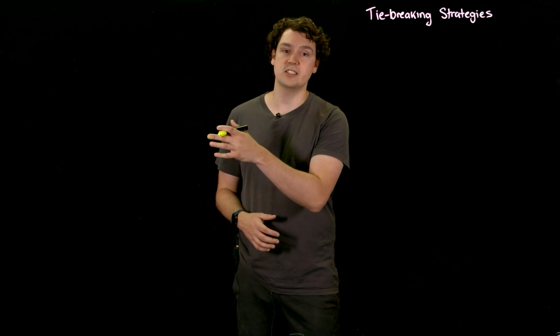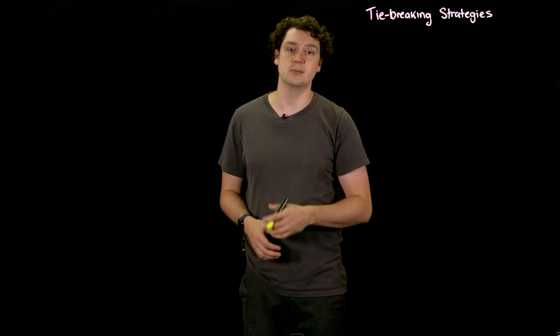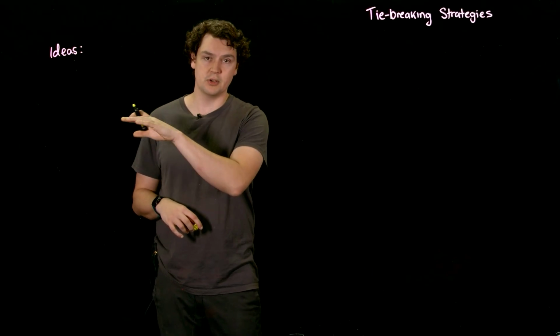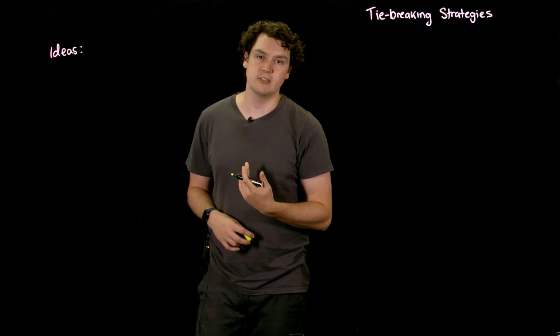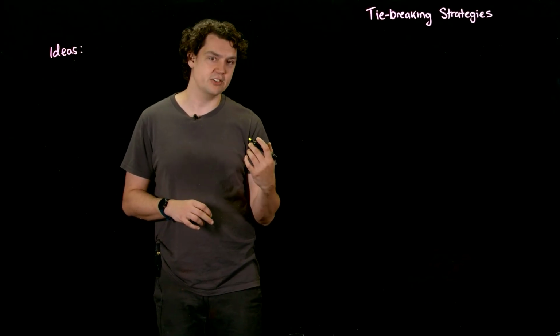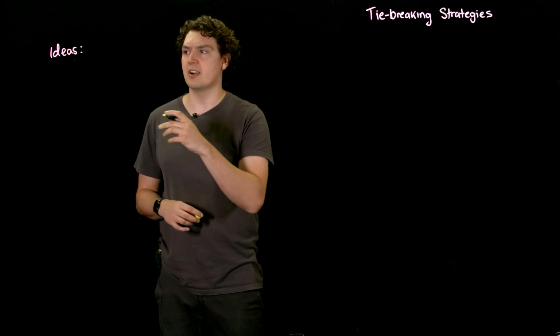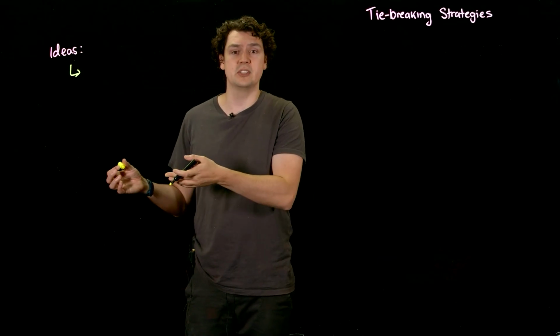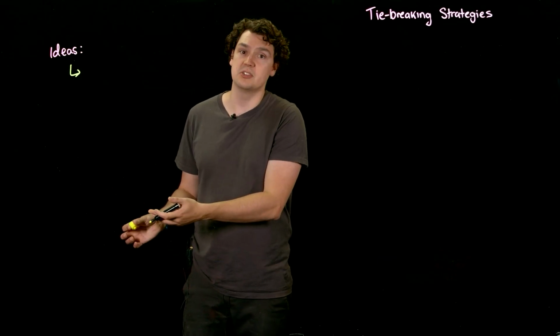So with all of that said, let's jump over here and jot down and discuss some basic ideas for how we can actually choose tie-breaking strategies. I think one of the first ones that makes sense to write down are these very generic strategies. We can just try things, like, hey, this was the first node that was added into my open list, so I'm just going to use that one.